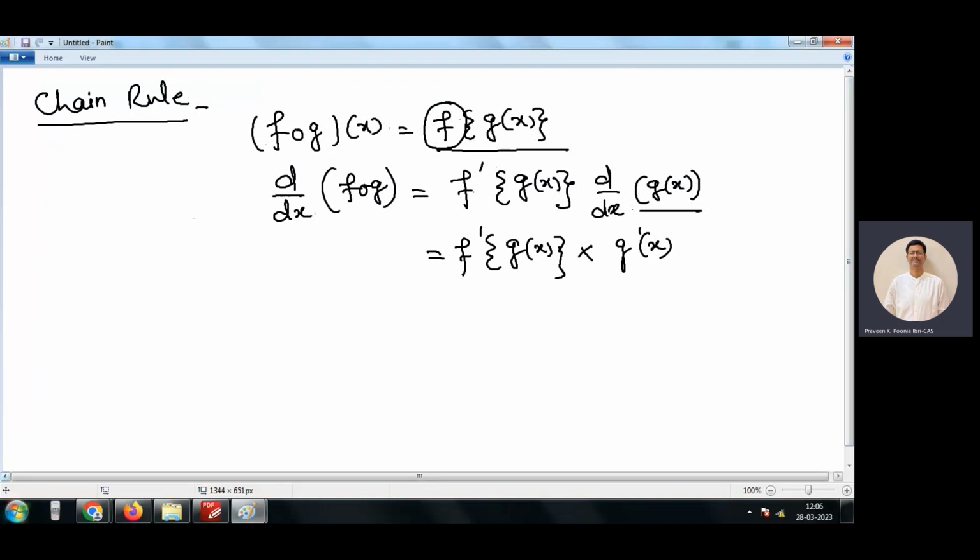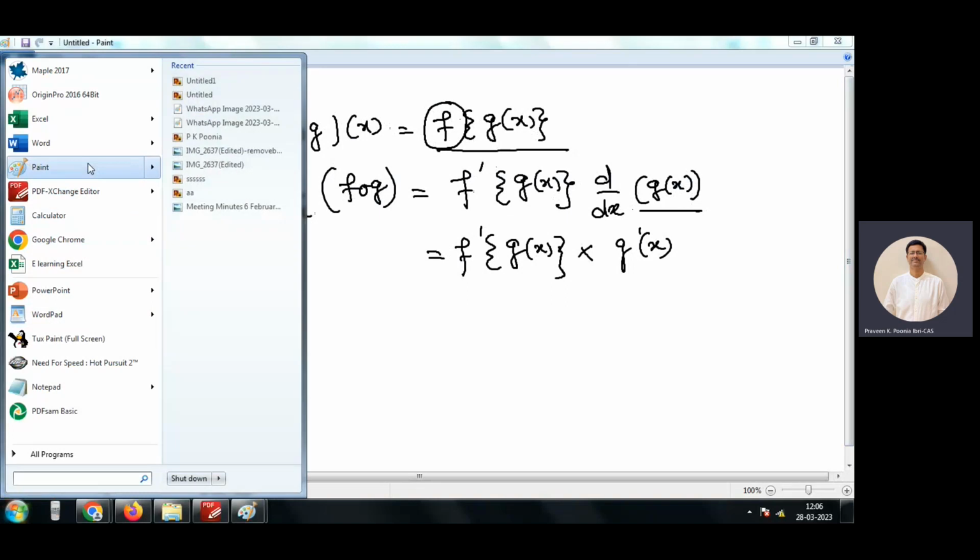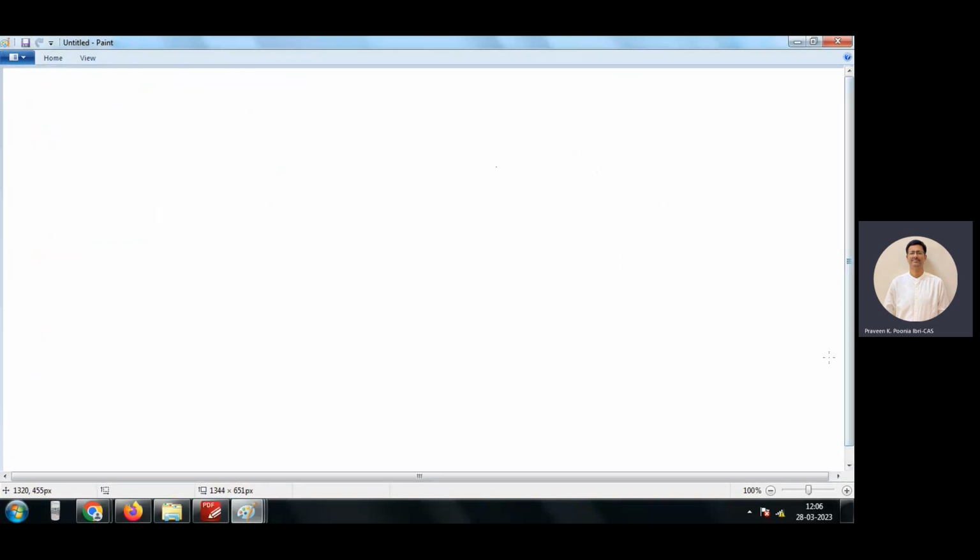If you look at the chain rule, there are two types of questions we are going to study. Like say, y is equal to u power 3, and u is equal to some function, say sin x, a simple function.